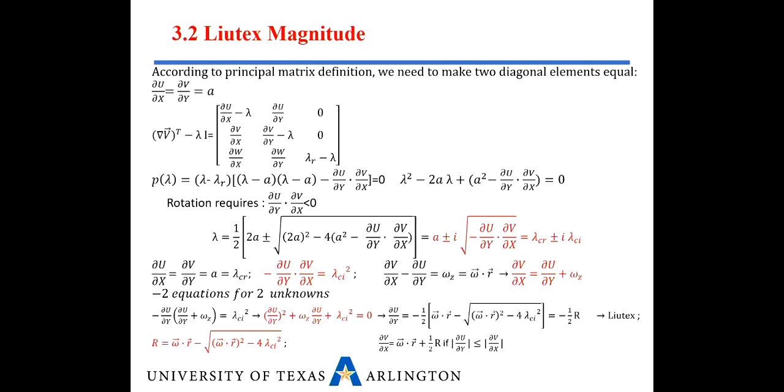From this equation, we just substitute partial v, partial x there. Then we get this one, equal to lambda ci squared, and then we can solve for partial u, partial y.